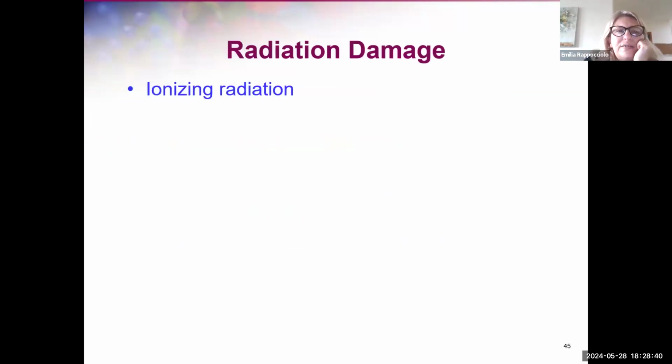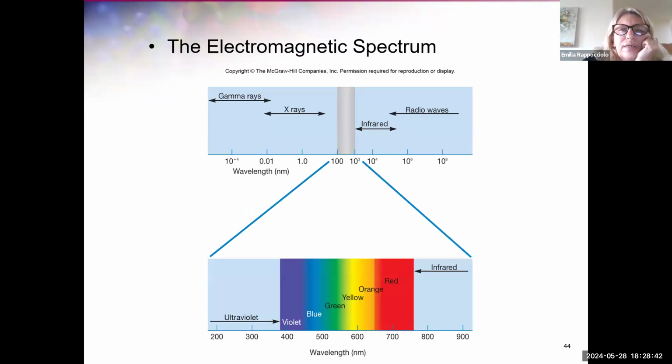Now something else which can affect growth and can cause microorganisms to die and stop growing as a population is radiation. Radiation comes in different wavelengths. You have high energy, short wavelength gamma rays and X-rays.